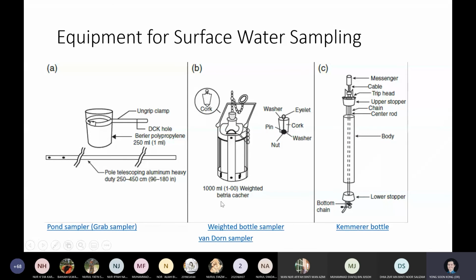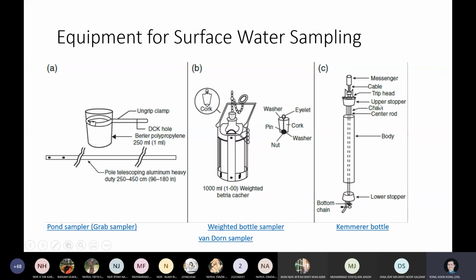The longest pole that I have seen is possibly 1 meter plus, longest possibly 2 meters, because if the pole is too long, it is going to snap in two. So B also is not too practical. Now C is possibly what you're going to see more often in the industry, especially in enforcement agencies like Jabatan Alam Sekitar.